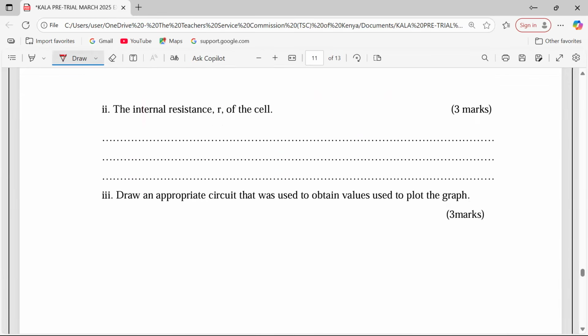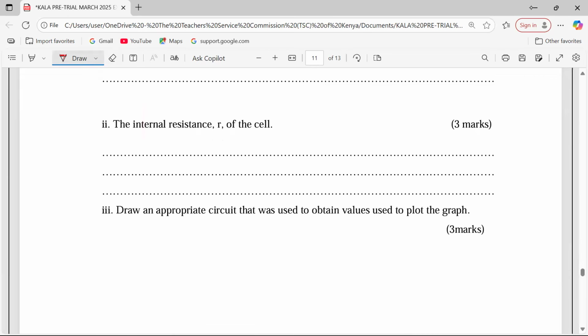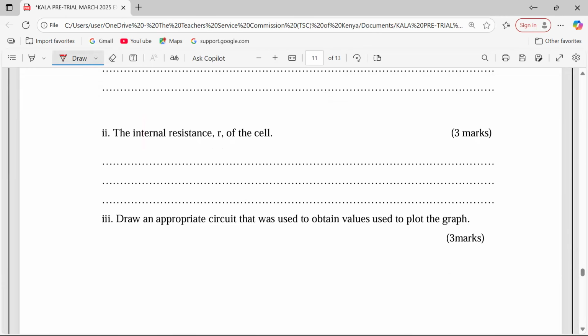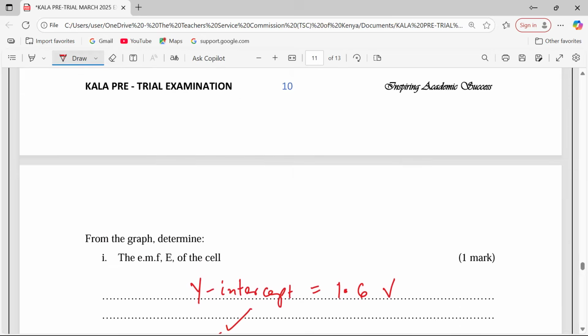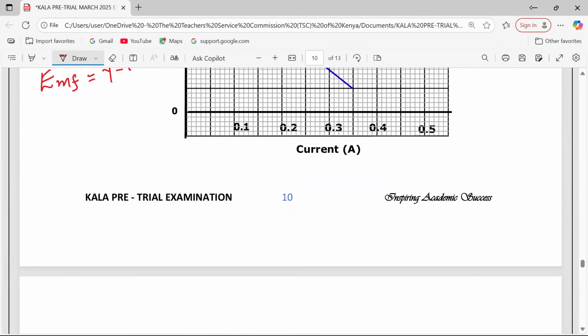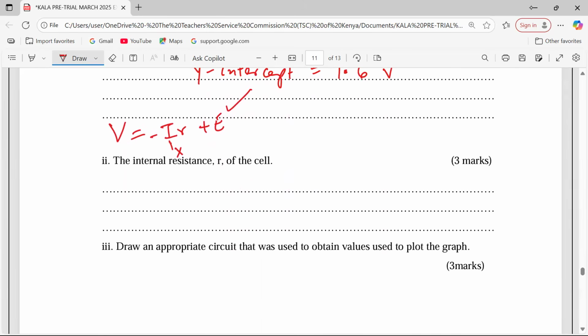Now the internal resistance of the cell. We've said V equals negative IR plus E, where E was the y-intercept. Because current is on the x-axis, according to the graph, negative R becomes the gradient.